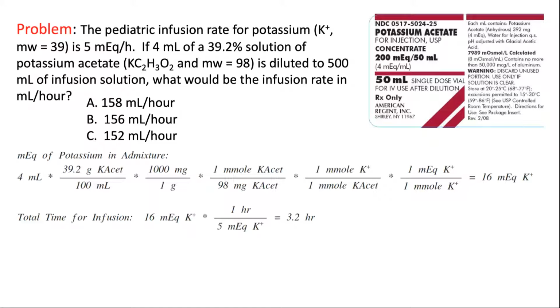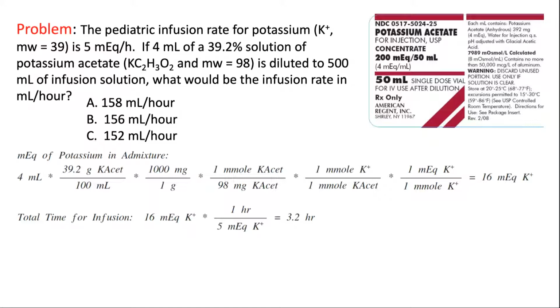We have to pump it in at essentially 3.2 hours, because if we took the 16 milliequivalents of potassium and divided by the 3.2 hours, that gives us essentially 5 milliequivalents per hour, and that's what we want to do. So the 16 milliequivalent bag should last us exactly 3.2 hours.